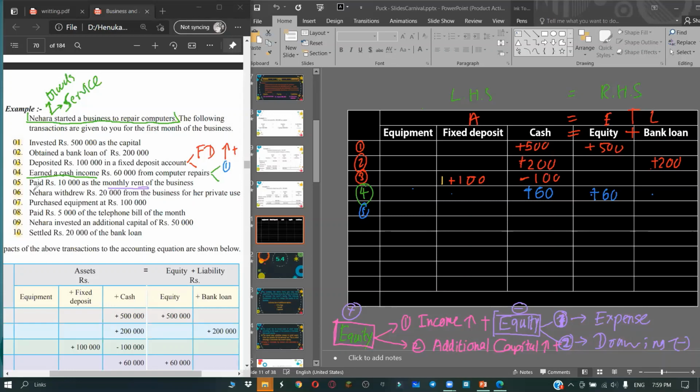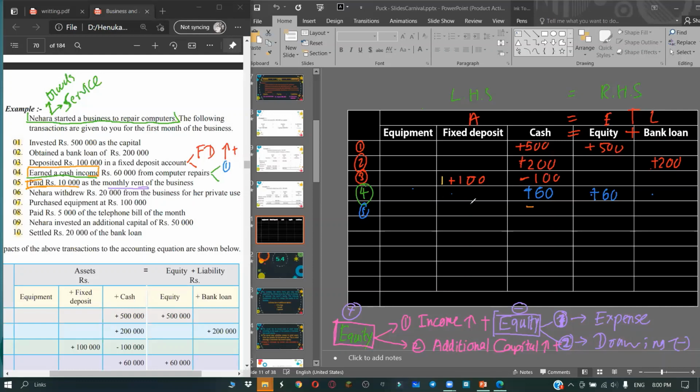So here paid, right? We have already paid the rent. Definitely guys, look at this too: earned the cash income. We have already earned it. We have already paid our rent, right? Like that. So 10,000.